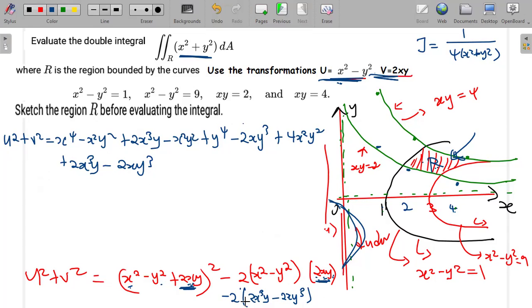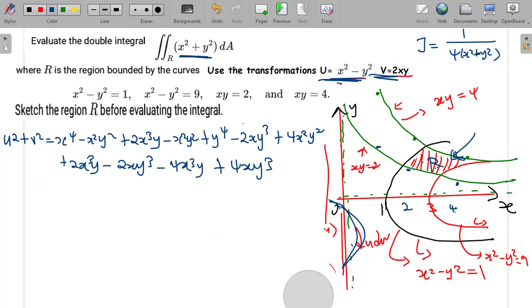So this is what I have inside, and then I expand with this 2 outside. I'm actually going to get minus 4x to the power 3 y, and then multiplied by this, I'm going to get plus 4xy to the power 3, like that. Okay, so now you notice that some of the terms there are going to cancel out.